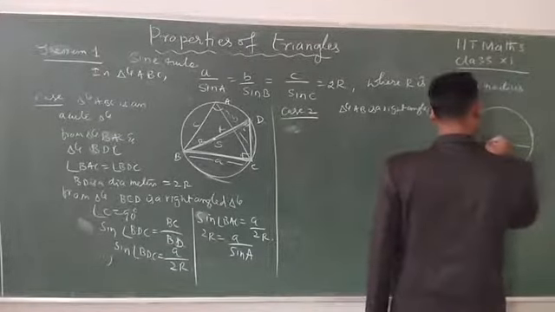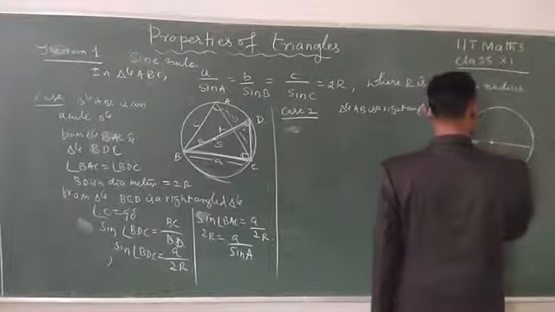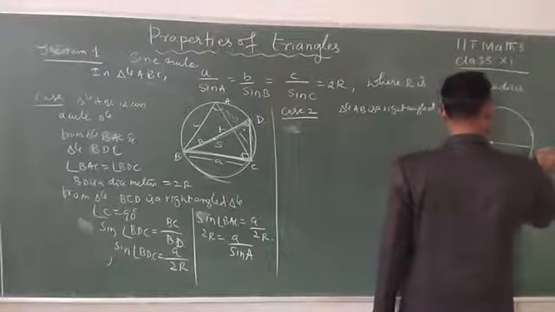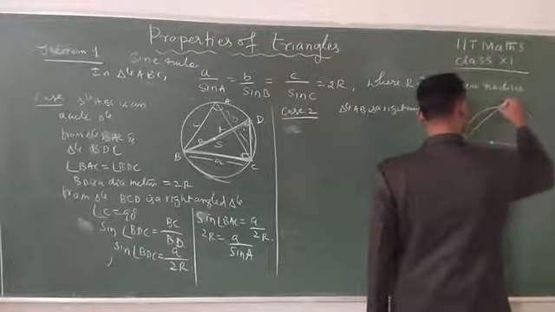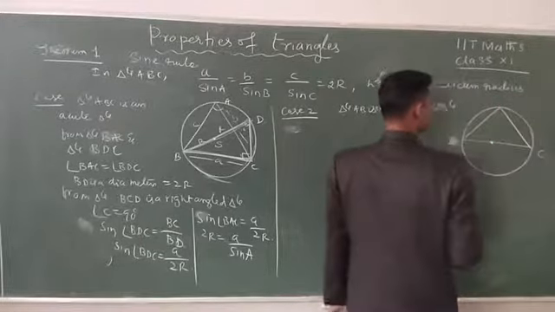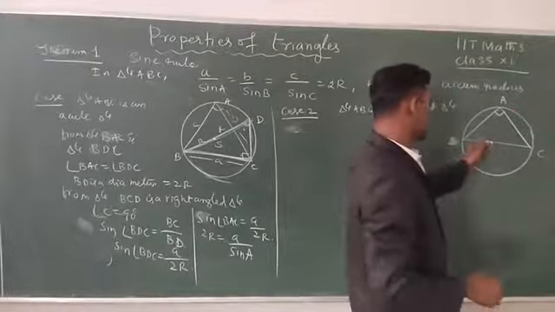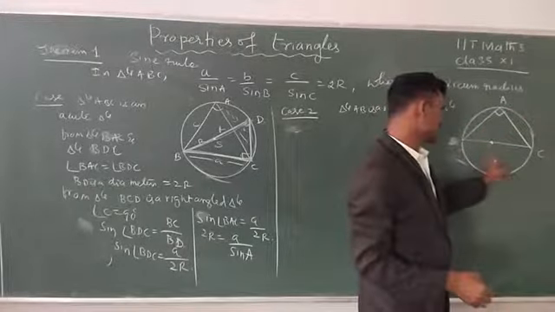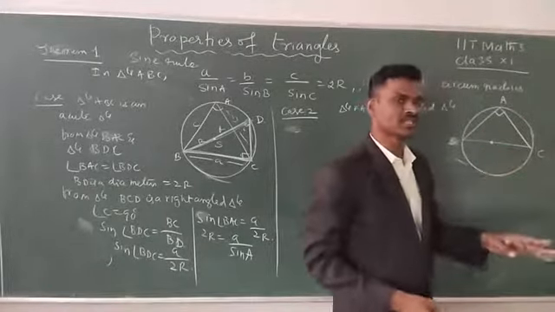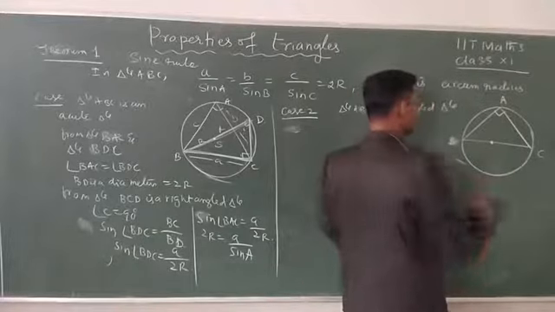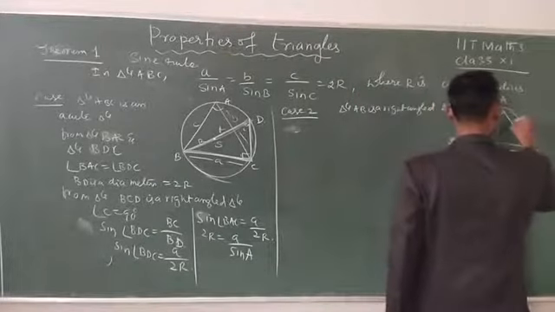This is the diameter, A, B, C, right angle at A. This is a right angle triangle, and this is the semicircle. In a semicircle, what is the angle? 90 degrees.